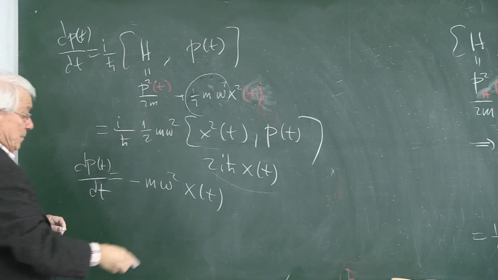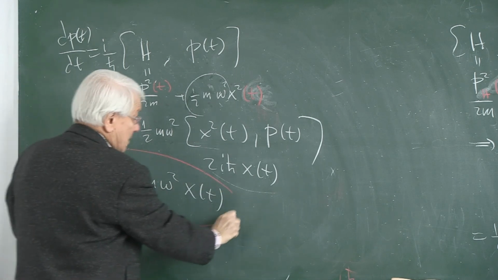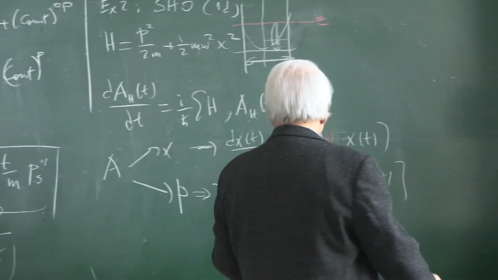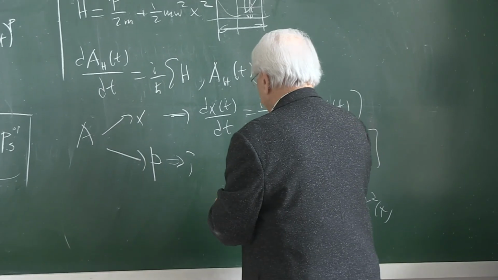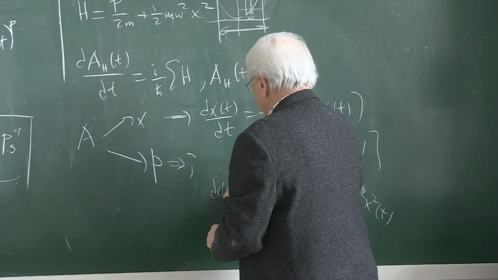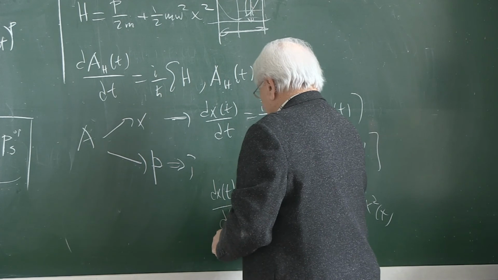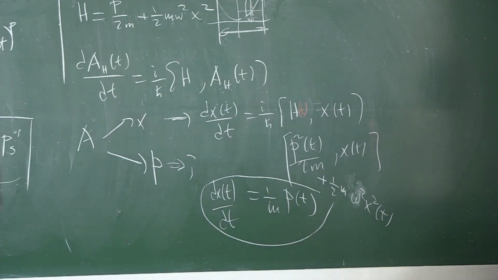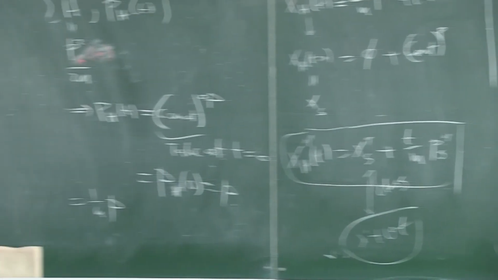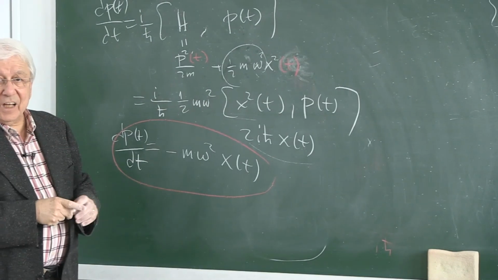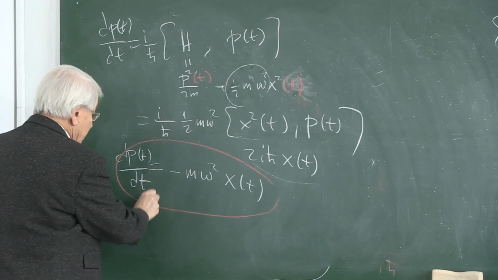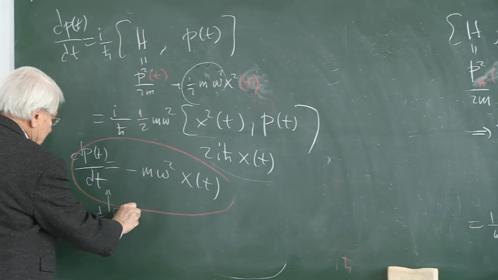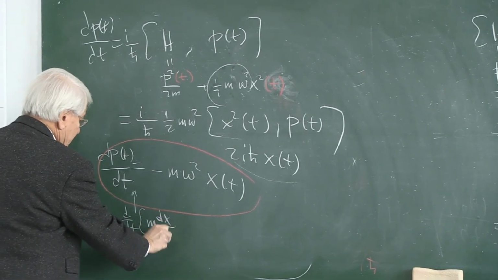This equation needs to be solved together with this equation, as we have done before, but it's less trivial now, because in the free particle case, it led to constant momentum. Now, p is m times dx/dt. Substitute in here: d/dt of m times dx/dt, right?